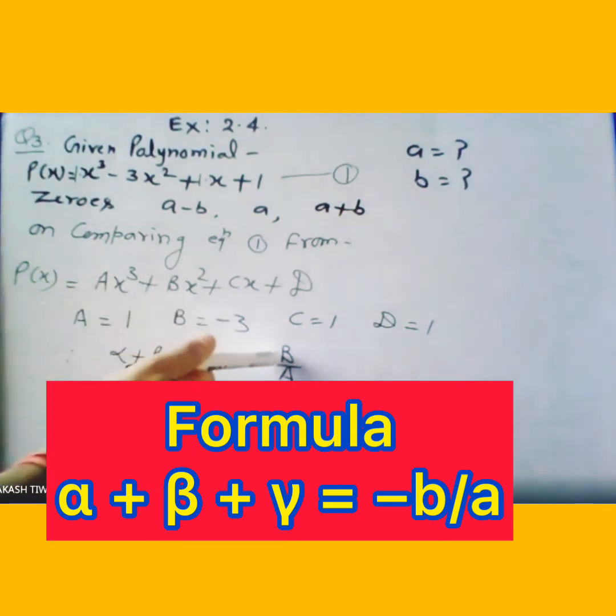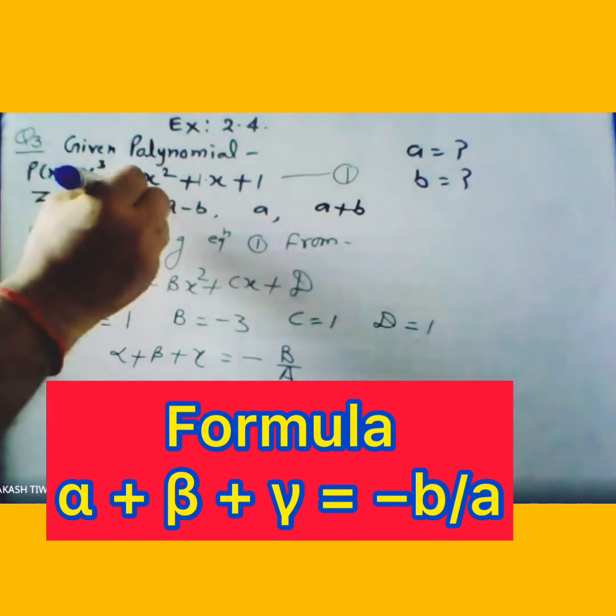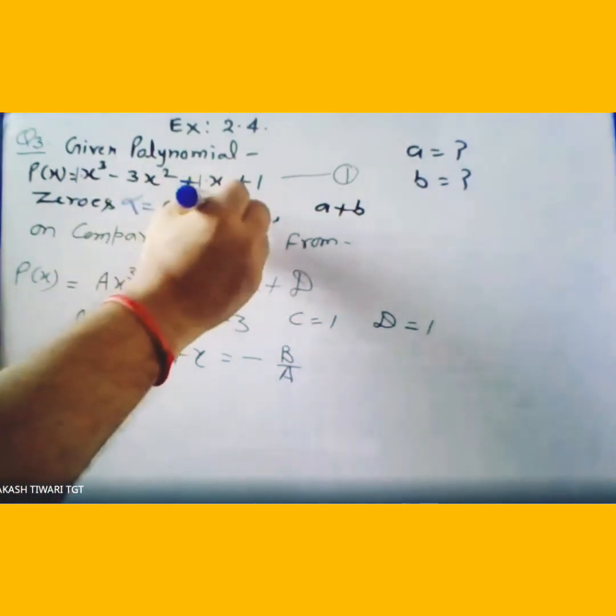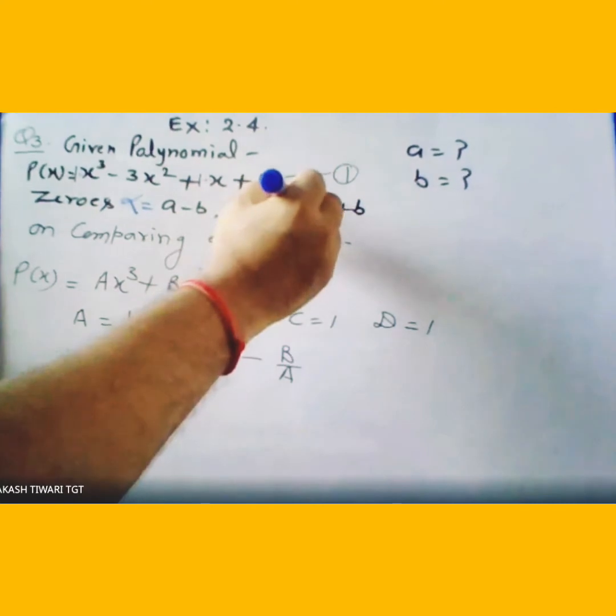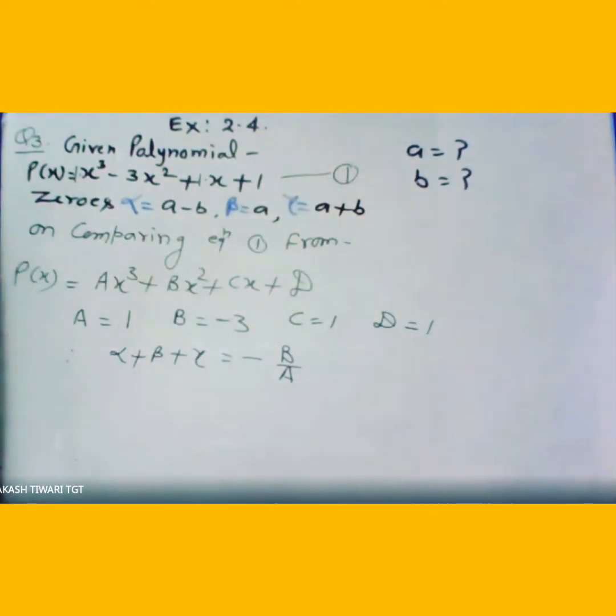So you will write capital B and capital A. And alpha, dear, you know what is the value of alpha? Yes, alpha is given. This is the value of alpha, and this is the value of beta, and this is the value of the third zero, gamma.